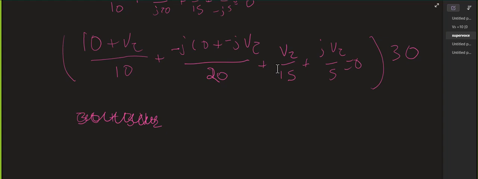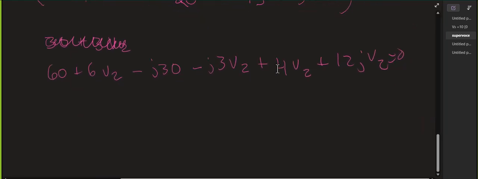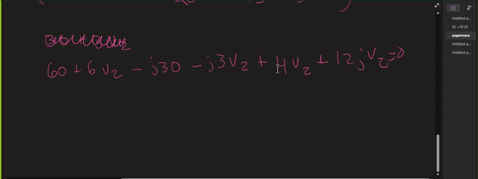Do I have to use 60? So that would give me 60 plus 6V2 minus j30 minus j3V2 plus 4V2 plus 12jV2 equals 0.